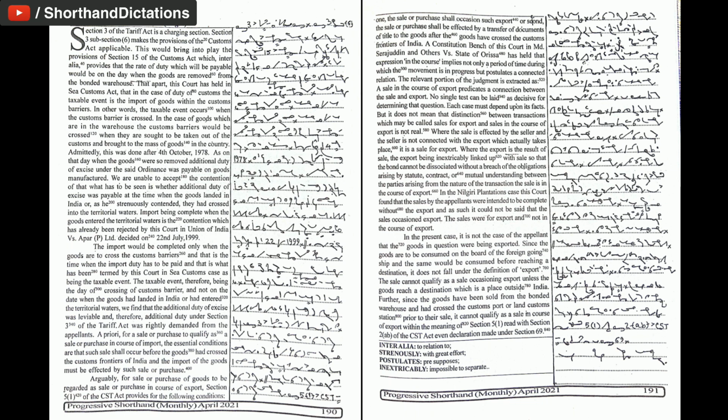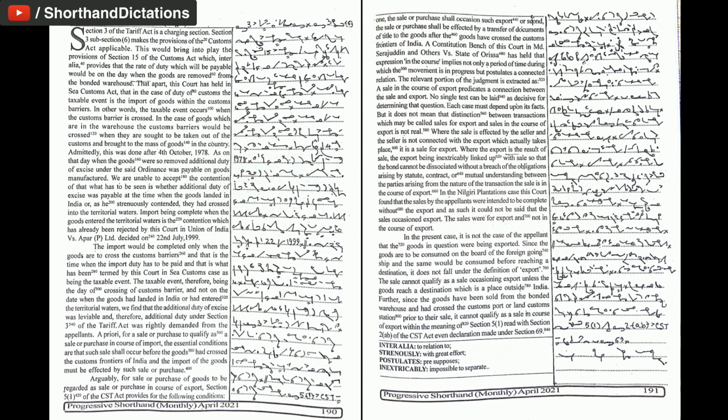In the Nilgiri Plantations case, this court found that the sales by the appellants were intended to be complete without the export, and as such, it could not be said that the sales occasioned export. The sales were for export and not in the course of export.